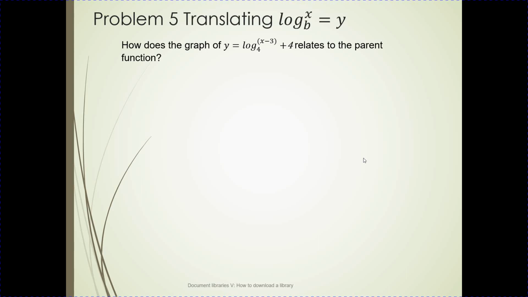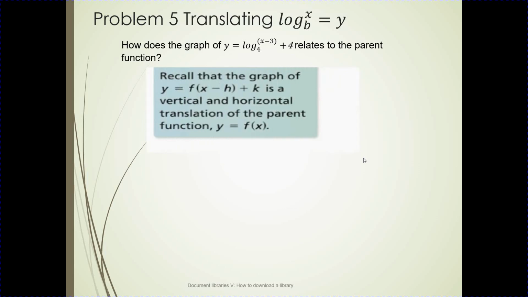As you can see, this is a translation where it moves 3 units to the right and 4 units up. Therefore, you know the graph of log of x to the base 4, the parent function. You just translate the parent function 3 units to the right and 4 units up. So you will get this graph.